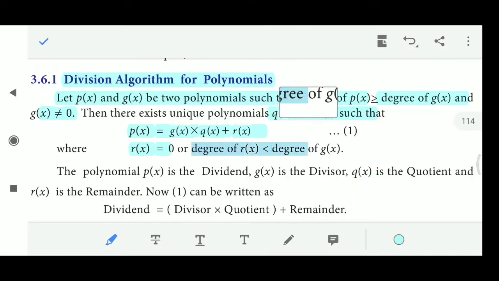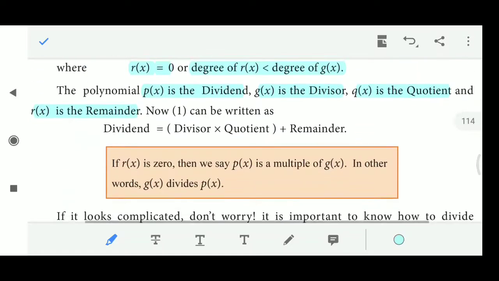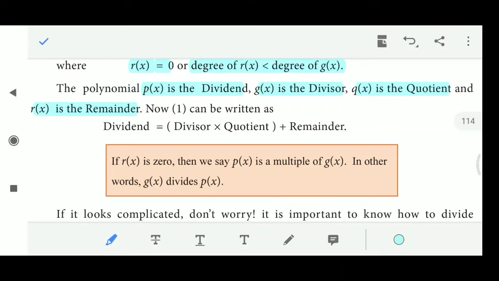That is, r of x is equal to 0 or degree of r of x is less than the degree of g of x. That means r of x is the remainder of the polynomial, q of x is the quotient, g of x is the divisor and p of x is called the dividend.